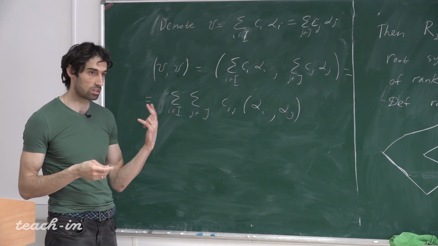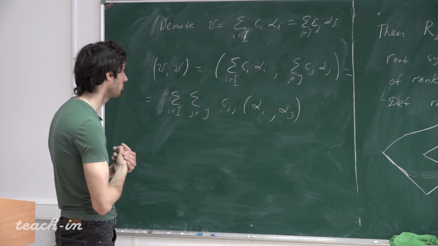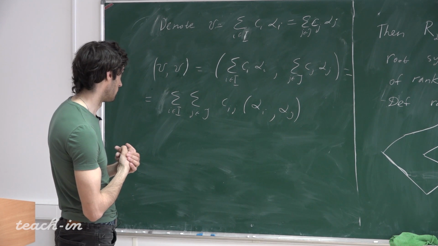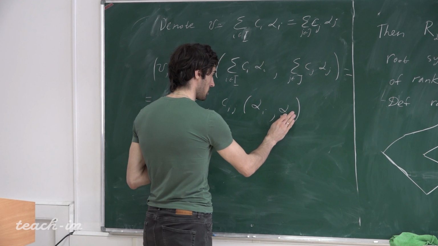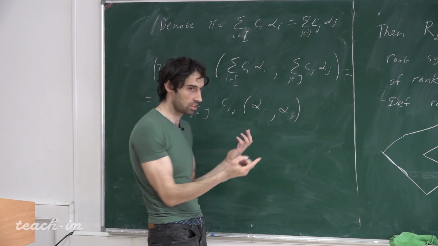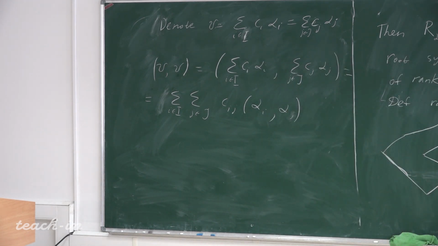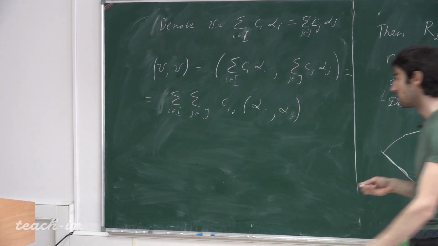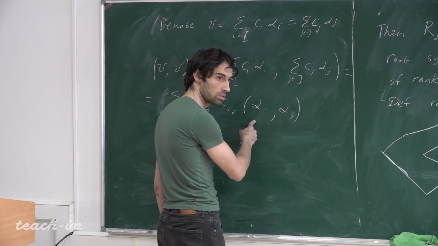But i and j are not the same. I cannot equal j in this sum. Therefore, these are distinct simple roots.